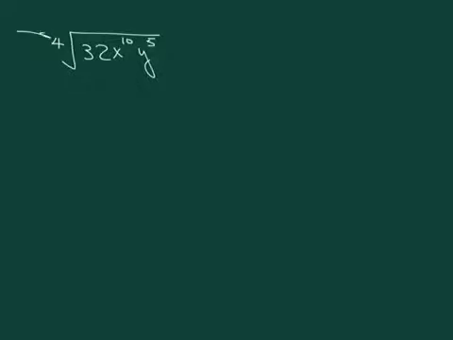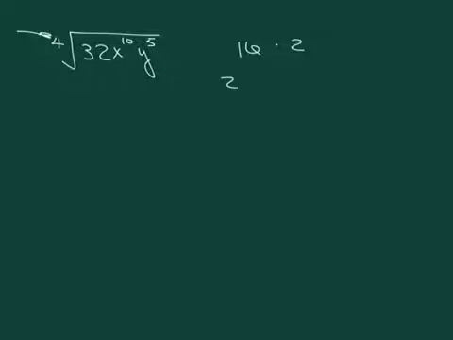So, fourth root, we're trying to find two numbers multiplied together that give me 32, and one of those numbers I can take the fourth root of. So if I have 16 times 2, that gives me my 32. Can I take the fourth root of one of those? 2 times 2 is 4, times 2 is 8, times 2 is 16.